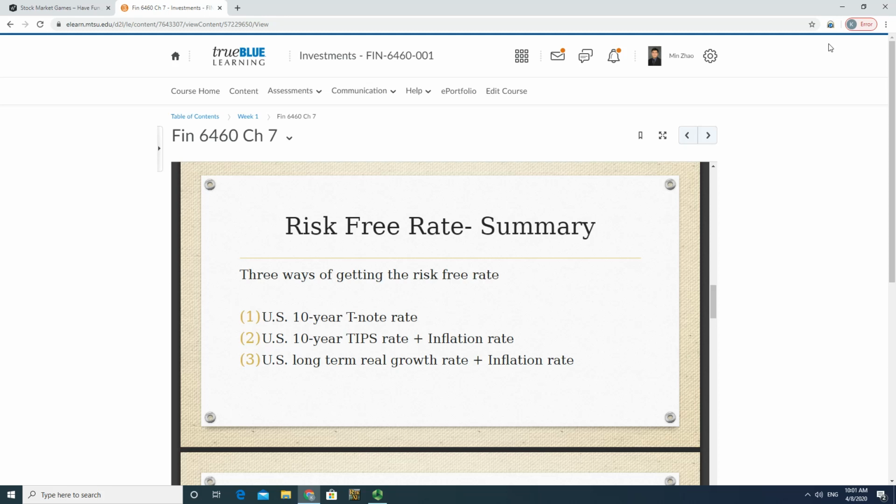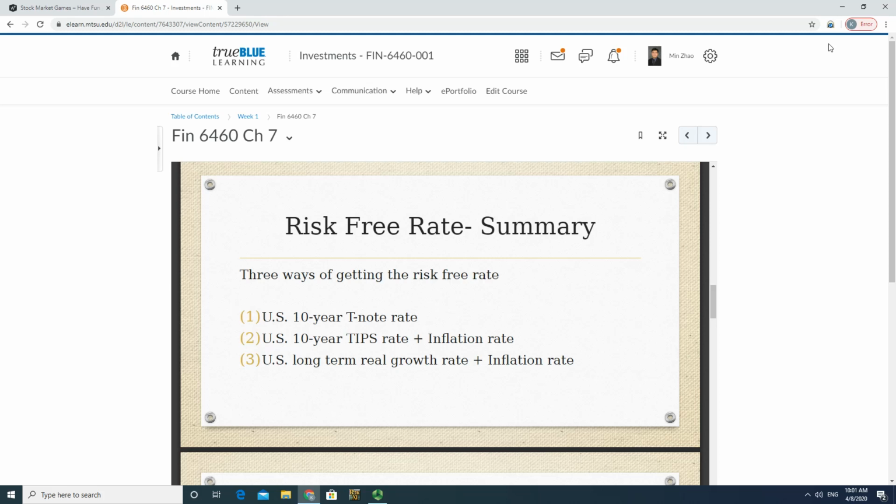But this COVID-19 event is a temporary event, and asset prices could be misrepresented on the financial markets. So if you use the 10-year T-note rate, you actually have the risk of underestimating the risk-free rate. So we need to have a second opinion, a third opinion, and the second opinion is to look at these TIPS rates and inflation rates.